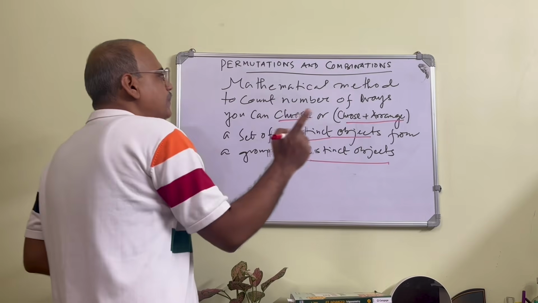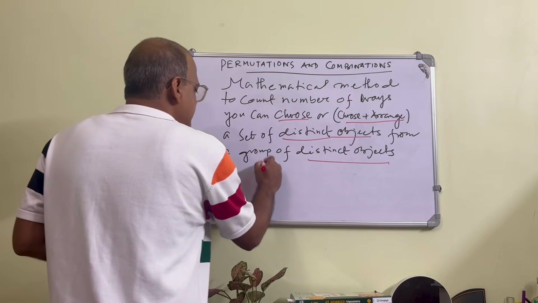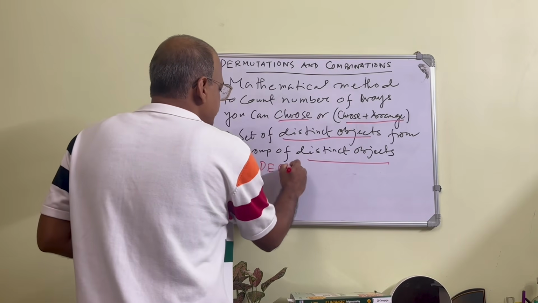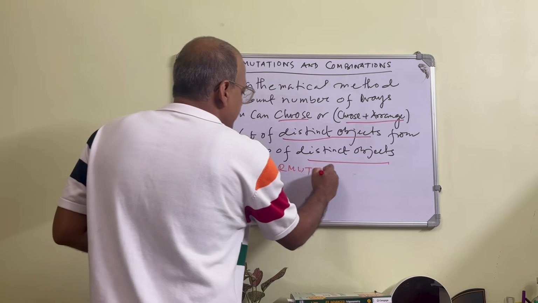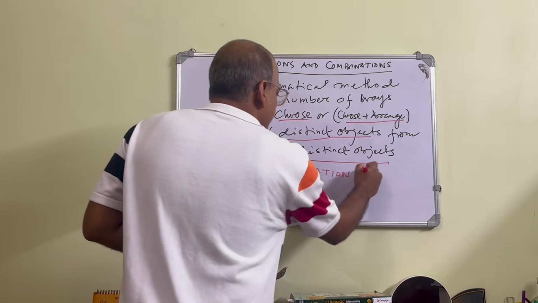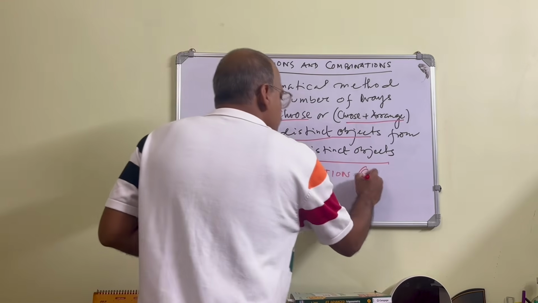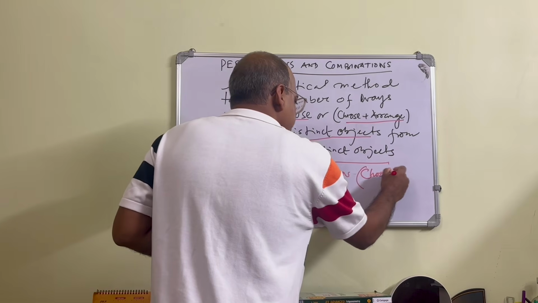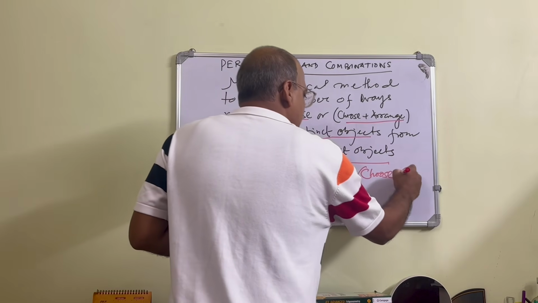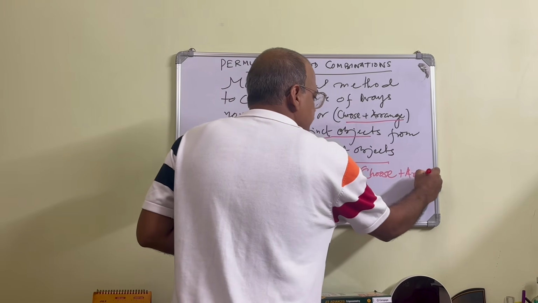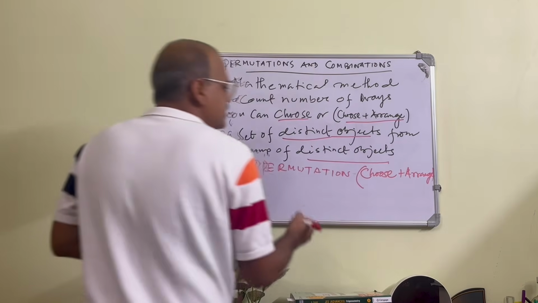But one thing to mention here: permutation is basically choose plus arrange. Just remember this.